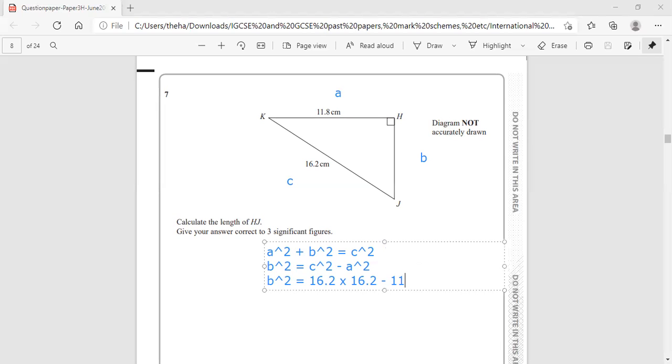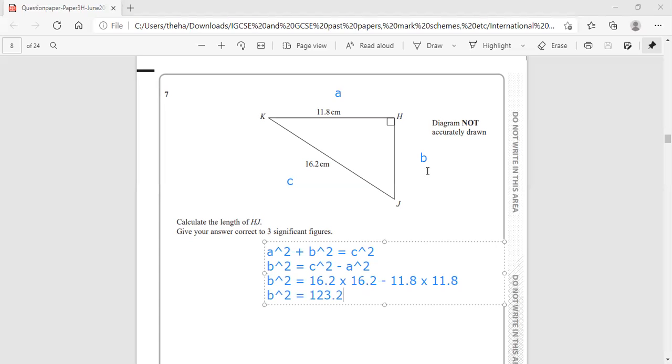So that will give us b squared equals 16.2 squared minus 11.8 squared. That gives us 123.2.